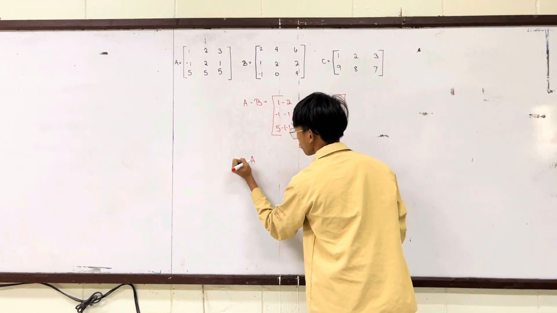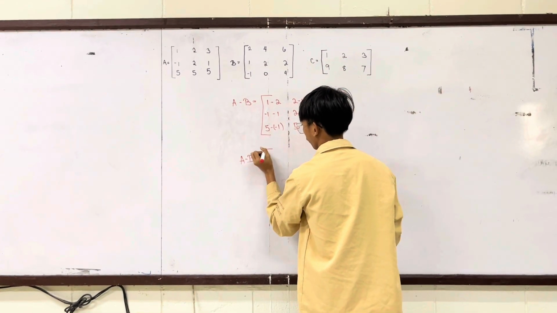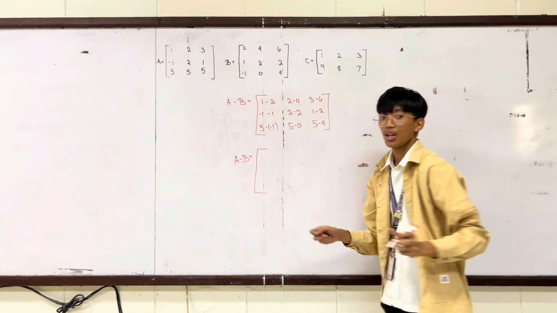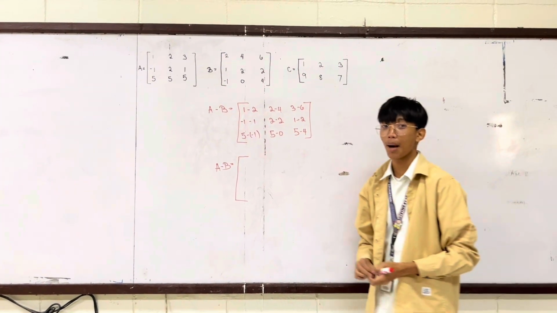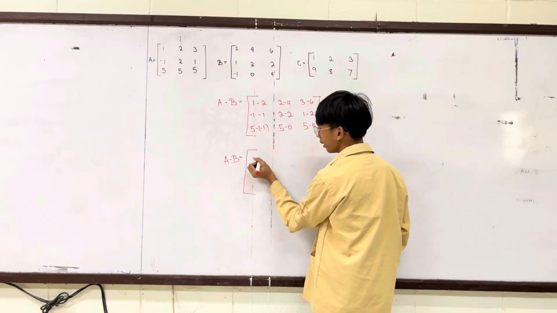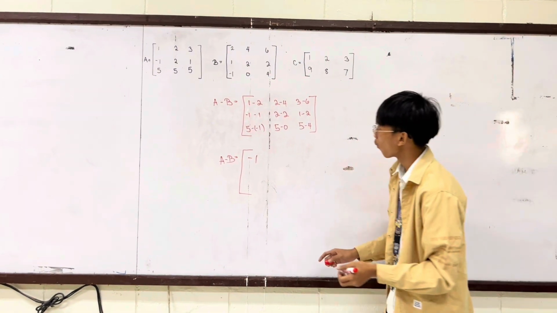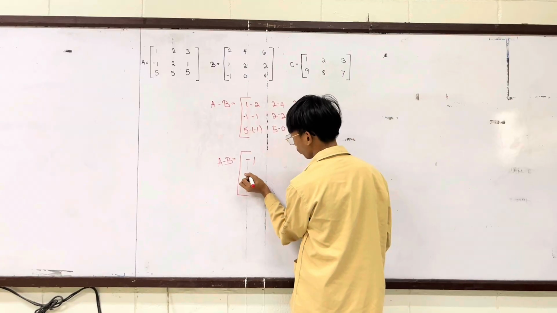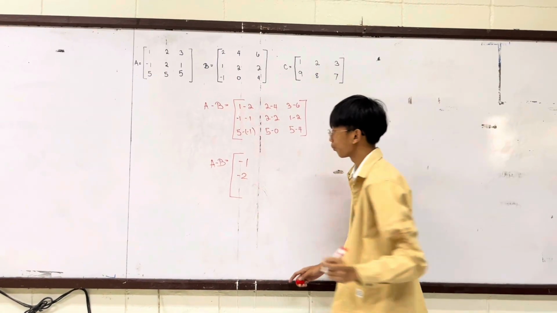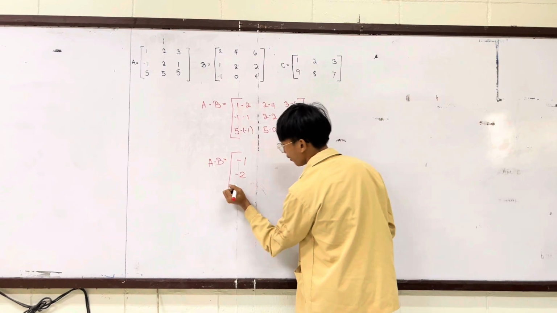So now we will subtract it one by one. So first is 1 minus 2. So 1 minus 2 is negative 1. Negative 1 minus 1 is negative 2. 5 minus negative 1 is positive 6.